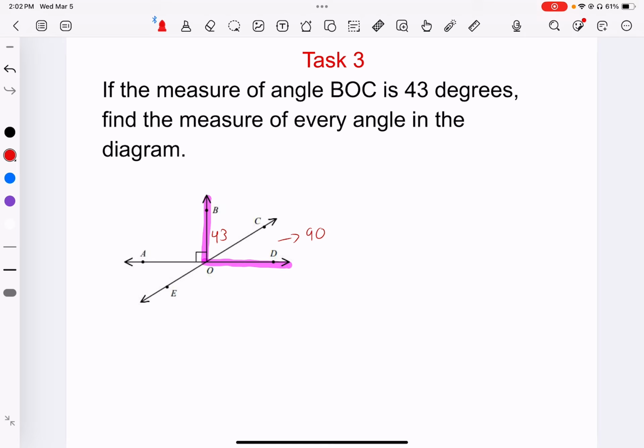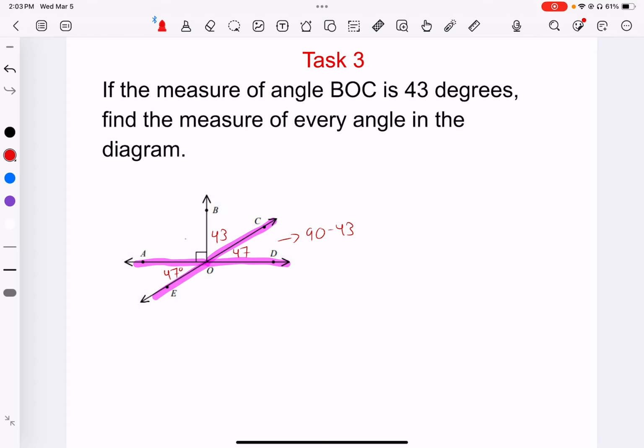So angle COD is equal to 90 minus 43, which is 47. Angle COD is vertical to angle AOE, so since they're vertical, they are congruent, so this angle is also going to be 47 degrees.